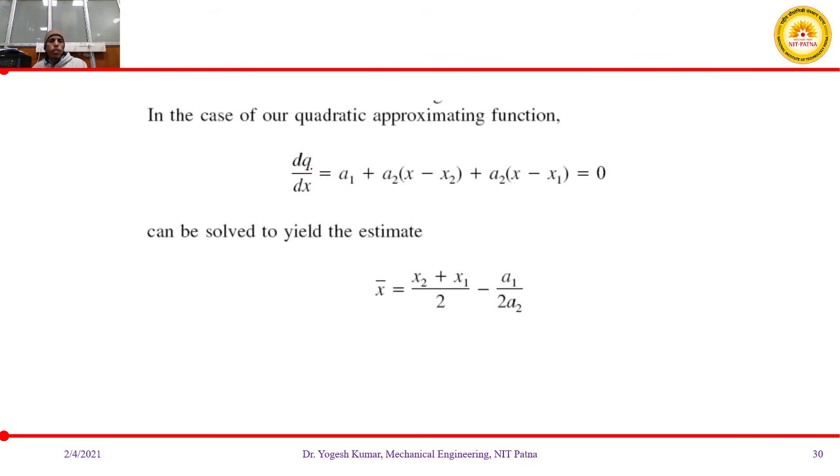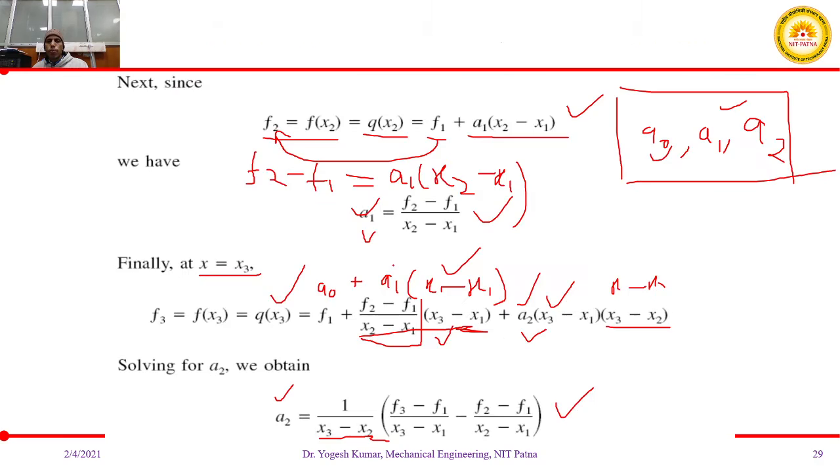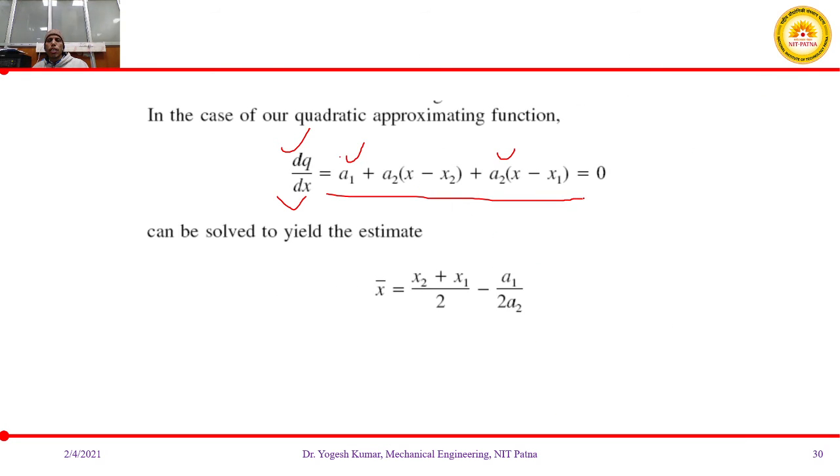So let us do the same process. dQ over dx equals, a0 was a constant, so in the derivative it will not come, and this will come a1 plus a2 into x minus x2 plus a2 into x minus x1. If you solve this, you will get the value of x equal to x2 plus x1 upon 2 minus a1 upon 2a2.